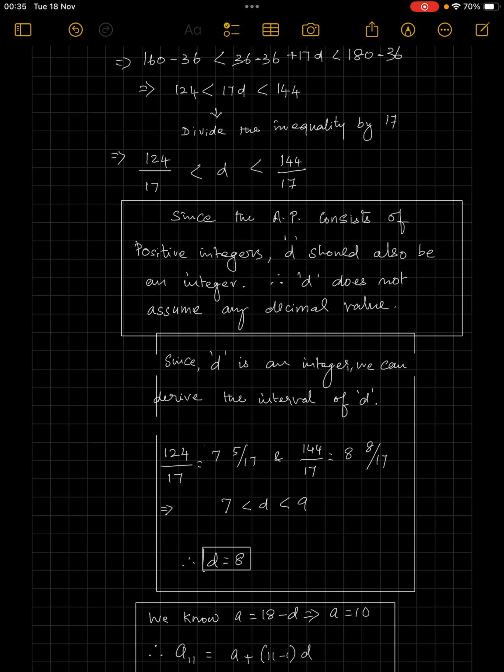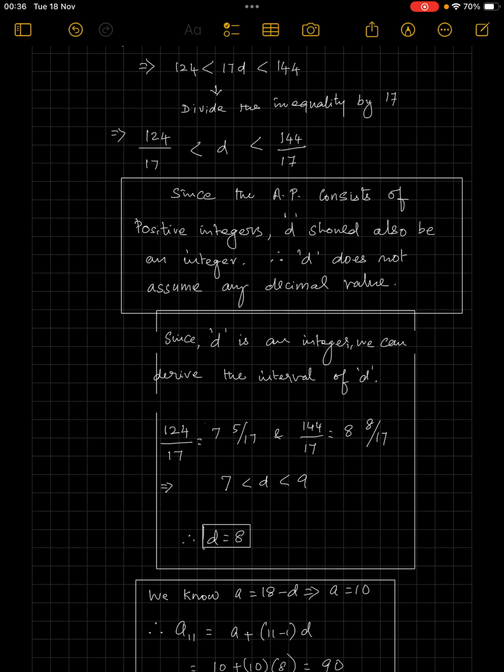And similarly 144 divided by 17: 8 times 17 is around 136. Oh, that's good. So 8 and 8 by 17. So we need not make actual calculations. We make an approximation, and we got the interval. So 124 by 17 is equal to 7 and 5 by 17, and 144 by 17 is equal to 8 and 8 by 17.